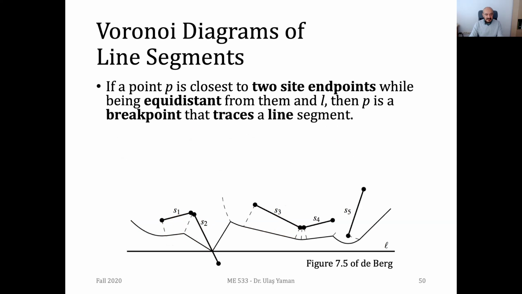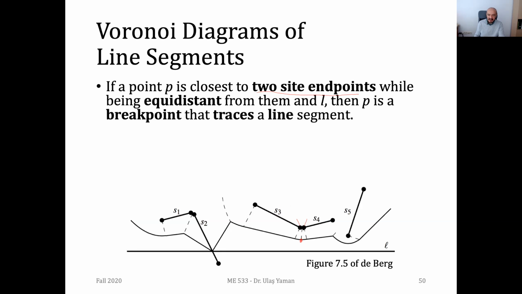So now have a look at another special case. This time we have point P, which is closest to two side endpoints while being equidistant from them and also from L. Then P is a breakpoint that traces line segments. I can show it here, for instance. This one here is closest to two side endpoints, the first side event and the other side event.